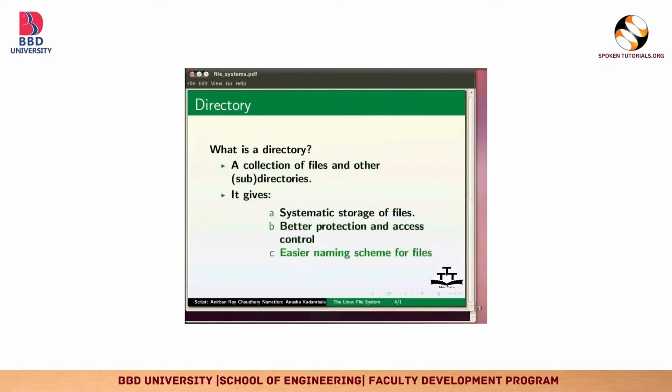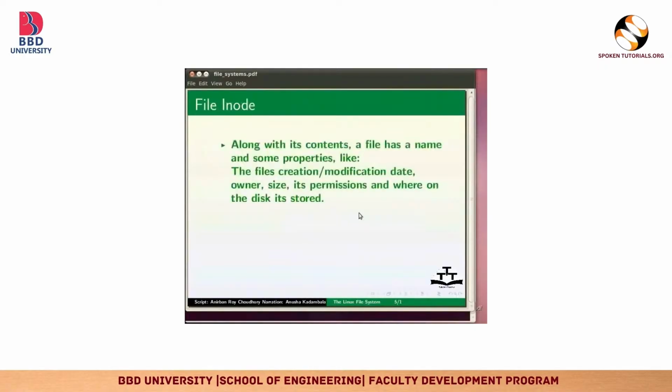Also, if there are no directories, all the files on the system need to have unique names, which would be very difficult to maintain. Though these definitions of files and directories are good to get a general feel about them, they are not entirely accurate.